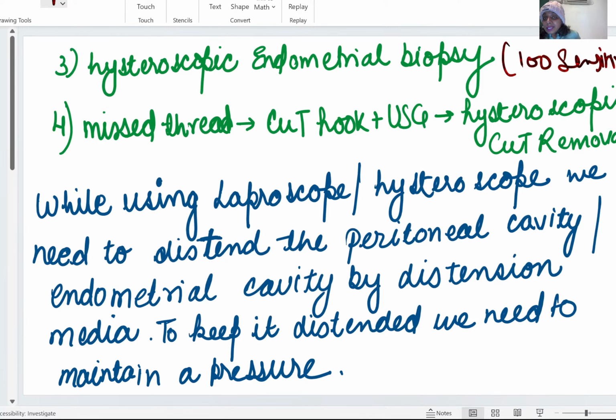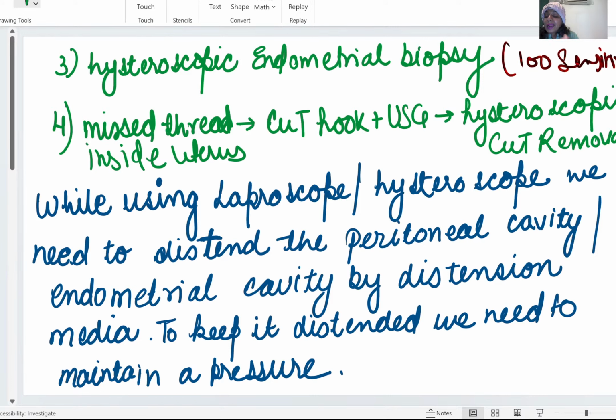Next, if the copper T has a missed thread, how will you take it out? If the copper T is inside the uterus, the thread is missed, and on scan the copper T is inside the uterus, then we take it out with a copper T hook and ultrasound.